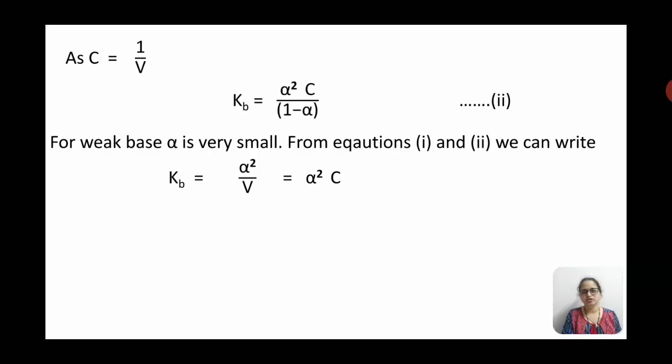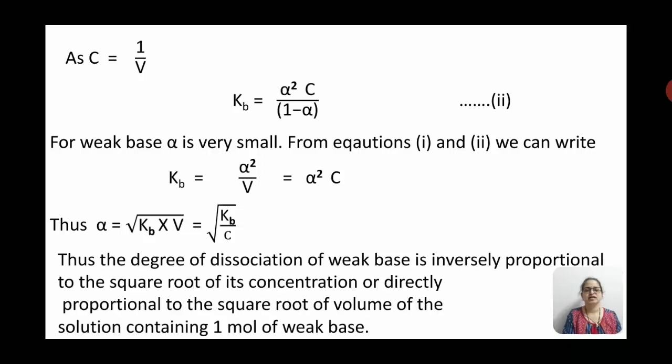So the equations 1 and 2 will become Kb is equal to alpha square upon V, or Kb is equal to alpha square C. That means alpha is equal to square root of Kb into V, or square root of Kb upon C. Thus, the degree of dissociation of weak base is inversely proportional to the square root of its concentration or directly proportional to the square root of volume of the solution containing 1 mole of weak base.